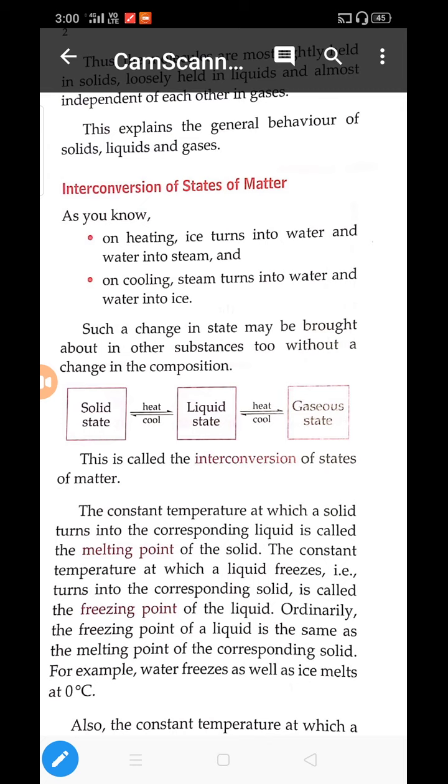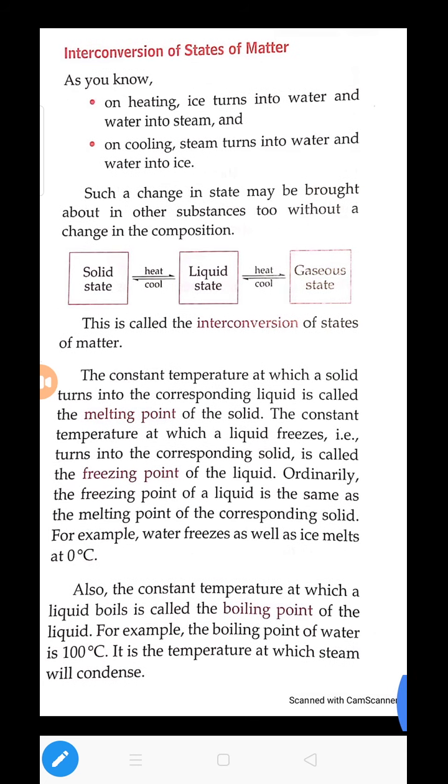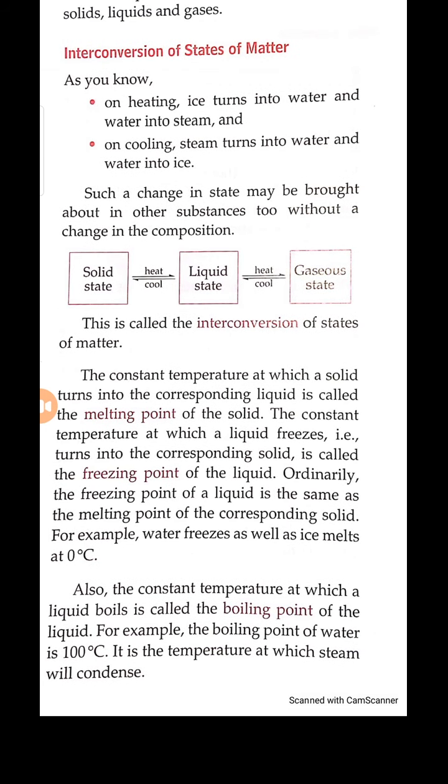And the same temperature at which a liquid cools and changes into a solid is called the freezing point of the liquid. Ordinarily the freezing point of a liquid is the same as the melting point of the corresponding solid. For example, when water freezes and when ice melts, both occur at a temperature of 0 degrees Celsius.